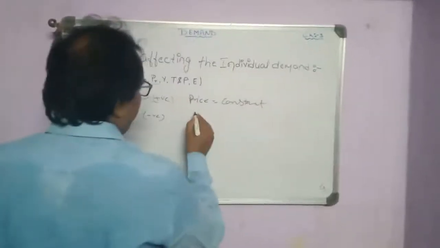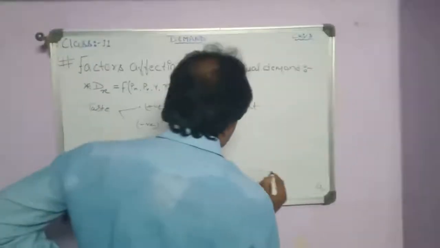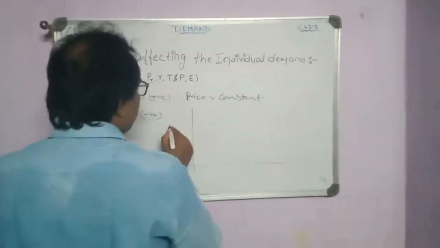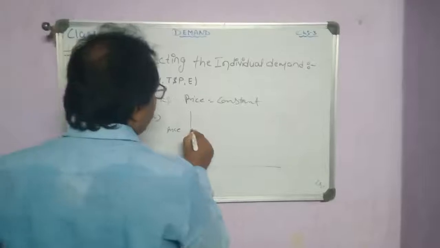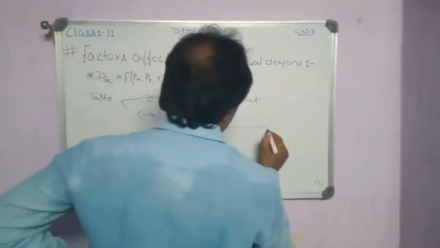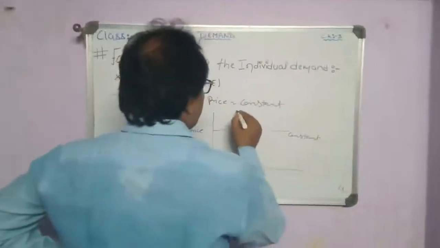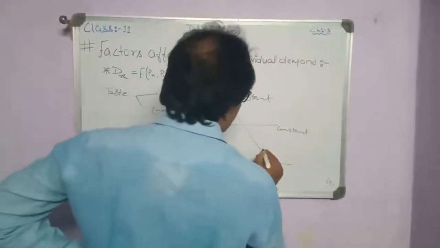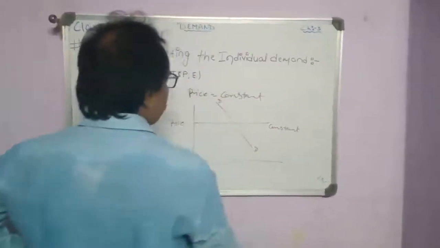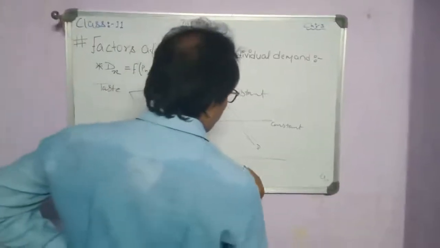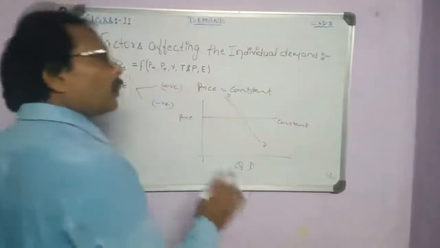So look here, on the y-axis, that is price, which is constant price. Initial demand is DD. This is the quantity demand of any commodity.